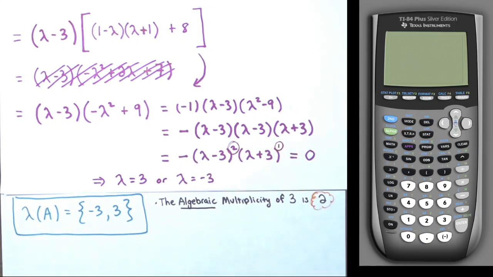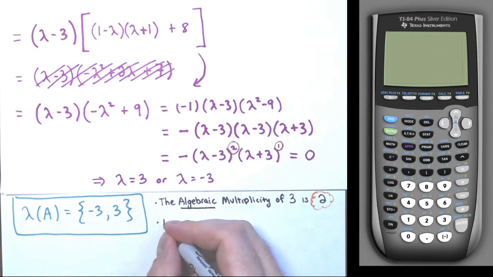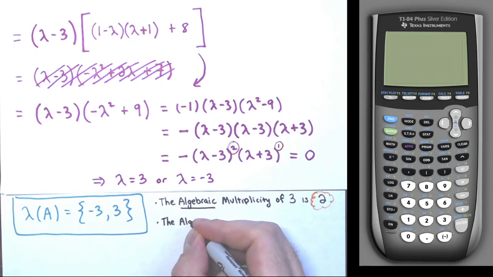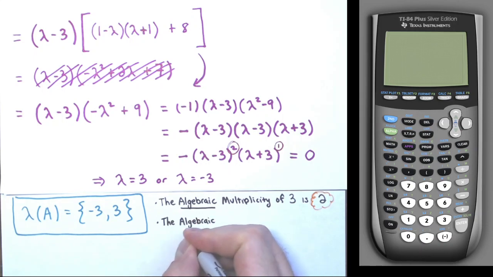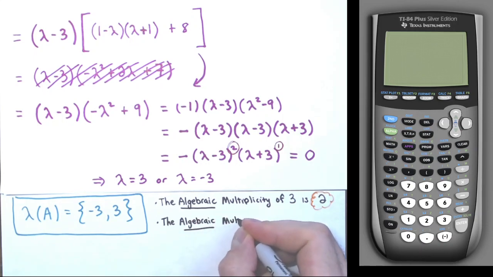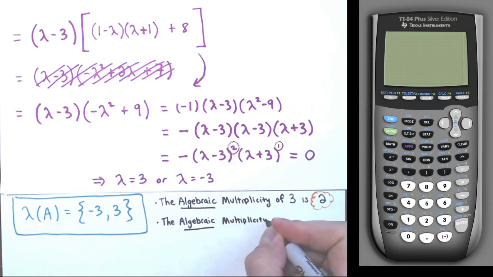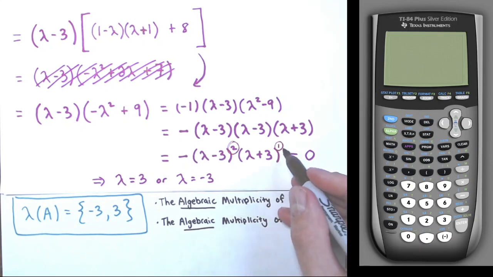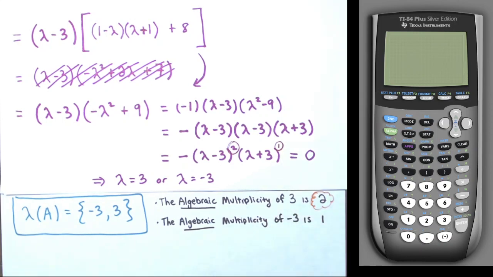So the algebraic multiplicity of -3 is 1. Wonderful. Okay, so we found the spectrum and stated the algebraic multiplicities of the eigenvalues.